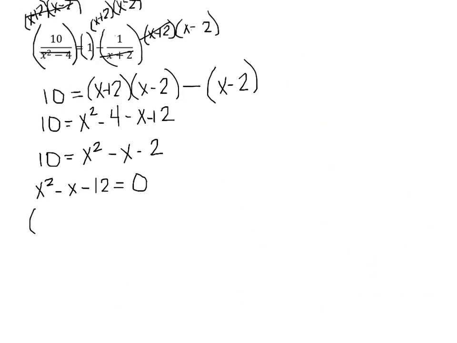And I can then factor. X squared minus 4x plus 3x, that's negative 1 minus 12.